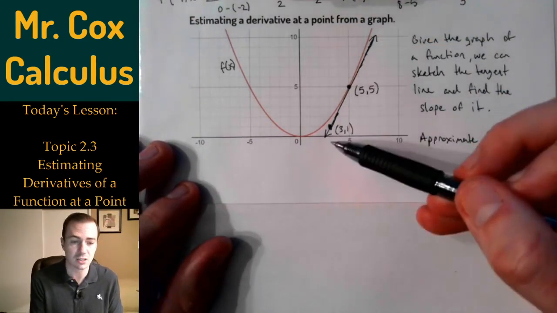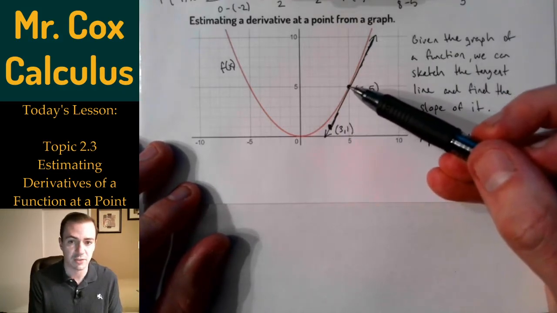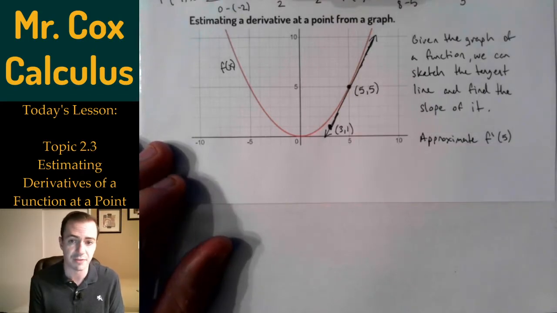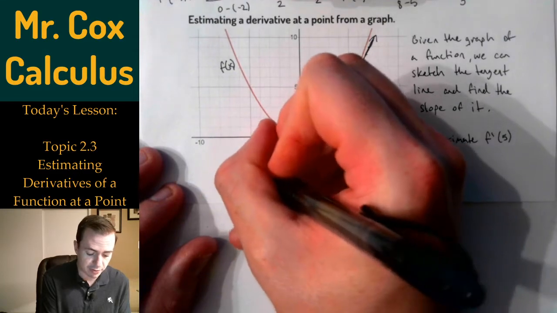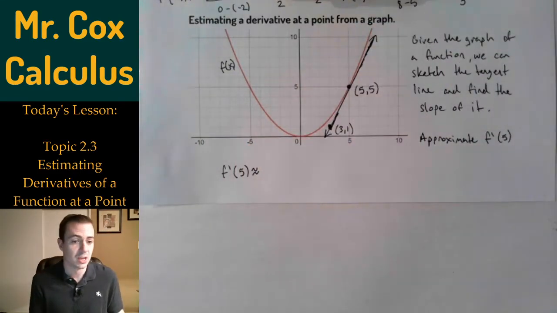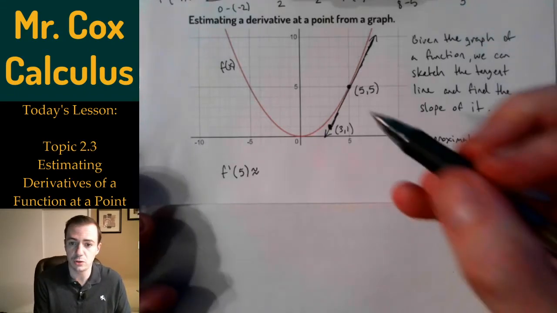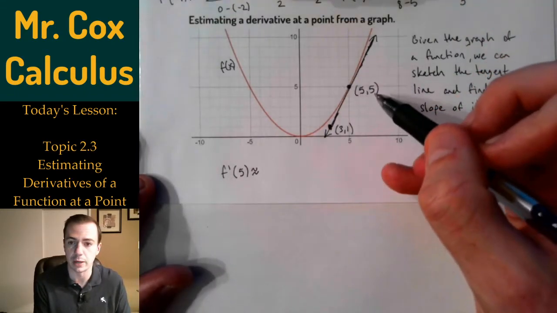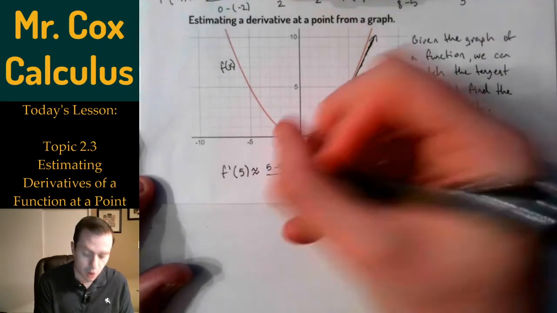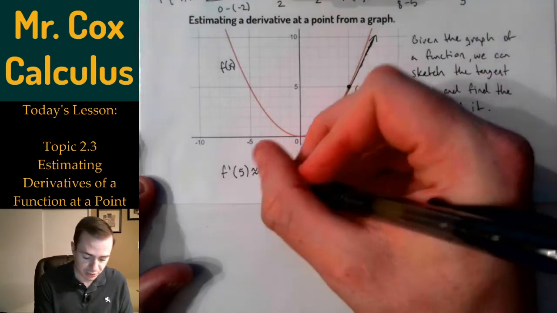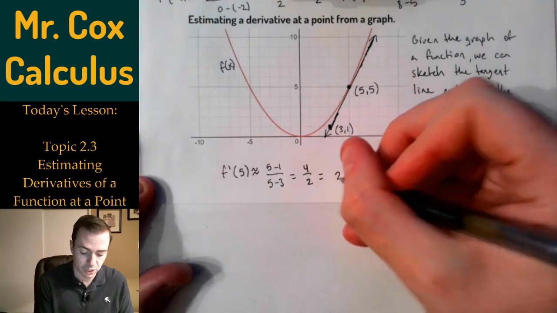And so I can use those 2 points to approximate the rate of change. By finding the slope of this tangent line, I can use that as my approximation for the instantaneous rate of change of f at 5. So I can say that f prime of 5 is approximately equal to, and this approximation is as good as my tangent line, y2 minus y1, I want to keep it positive, so we'll do 5 minus 1 over 5 minus 3, which is 4 over 2, which is 2.